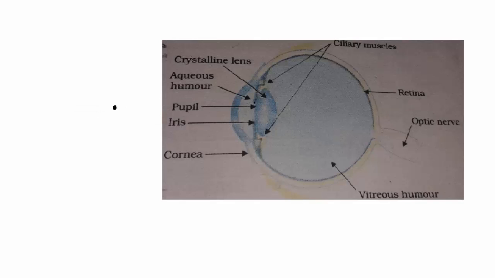And finally, the last defect you have is presbyopia. That is usually caused in older people. See, it is basically the weakening of the ciliary muscles, that's this and this, and also including the lens.